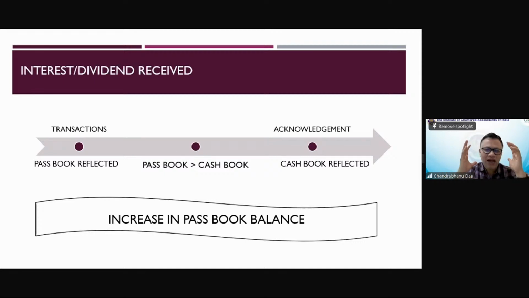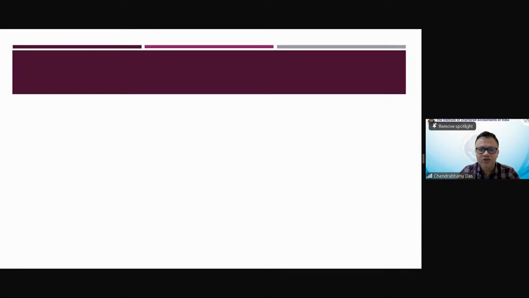We have to apply our common sense to think about this practical application. What can happen to my passbook and what can happen to the bank column of the cash book in such situations? Every such situation is an event, and we ask what such an event does to the different books. So this is what I have visualized for you.